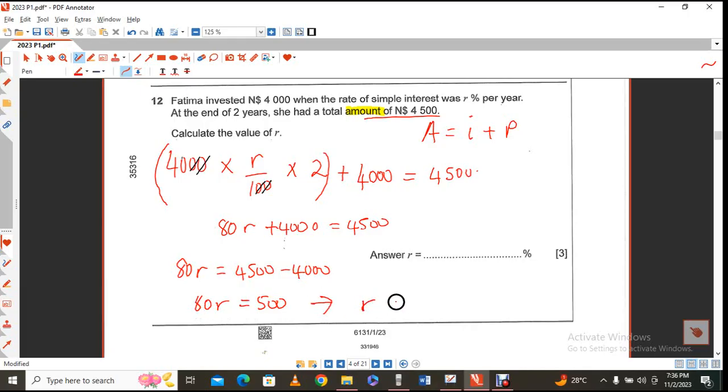Therefore, R would be equal to 500 divided by 80, which is naturally the same as 25 over 4. Of course, 25 over 4 is 6 1/4, so 6.25%.